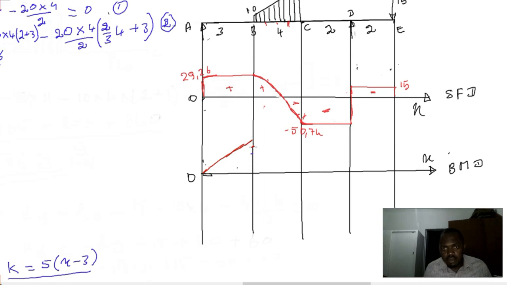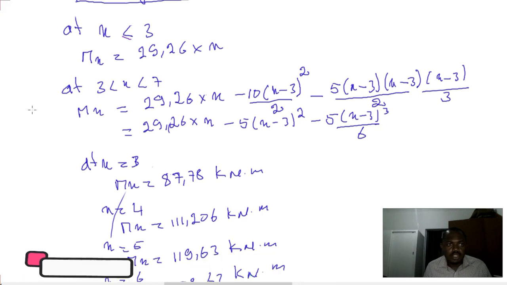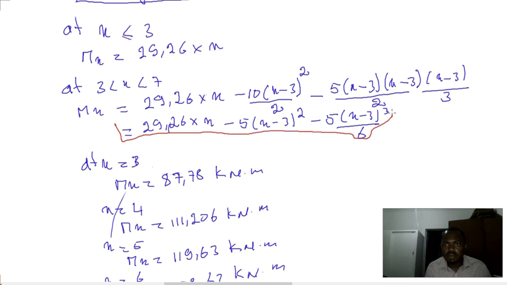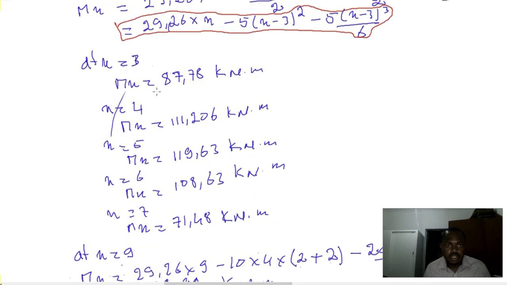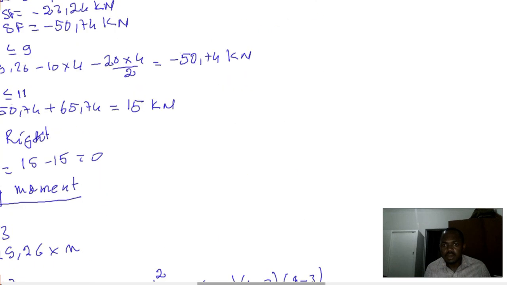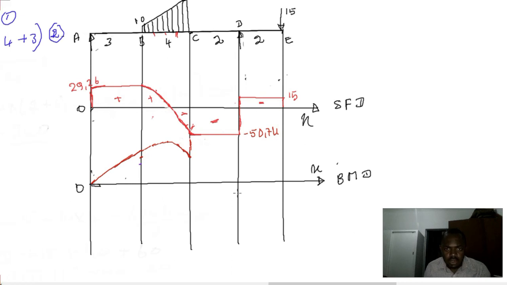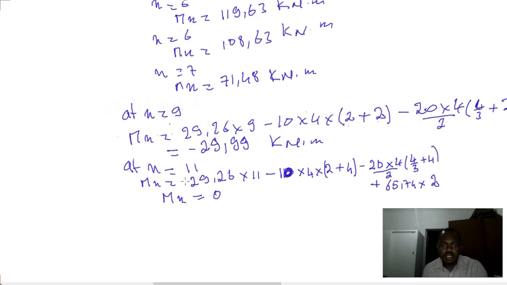And on this interval the moment now varies with x, and this is our equation that varies with x, and we already got the values down here. At x equal to 3 is our value, and x equal to 4 is our value. At x equal to 11, the moment is equal to 0.